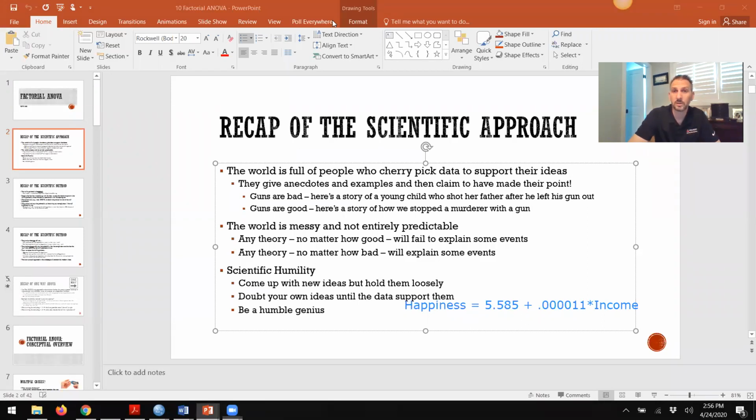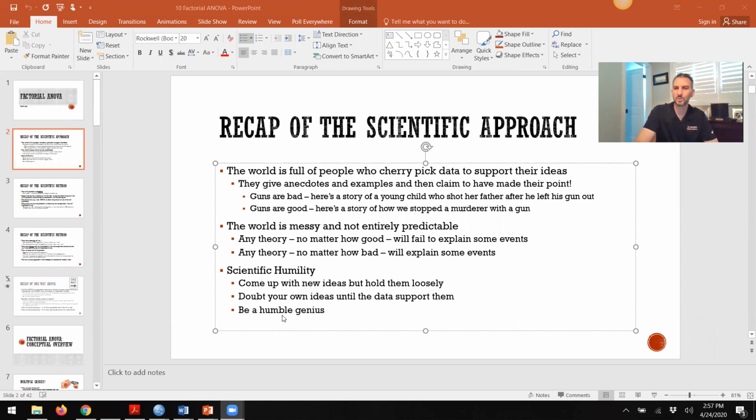We assume that they don't apply to the situation until the data proves, or not proves, but shows that there's a relationship there. So I think this is an example of scientific humility, that built into the approach is this idea that we come up with new ideas, but we hold them loosely. You doubt your own ideas until the data support them.